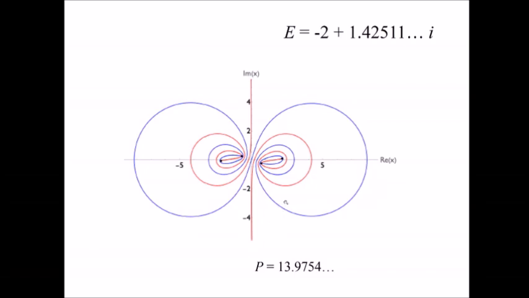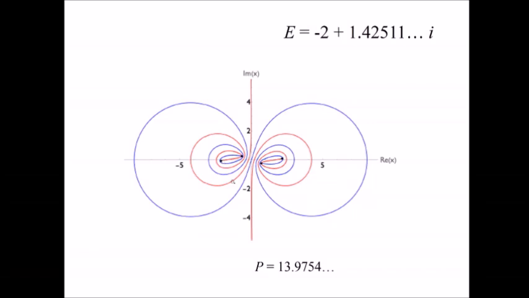Okay. But what does the red particle do? The red particle goes around and around, and it goes faster and faster, and it goes off to minus i infinity. And then it comes back down from plus i infinity, and it goes around and around and ends over here.